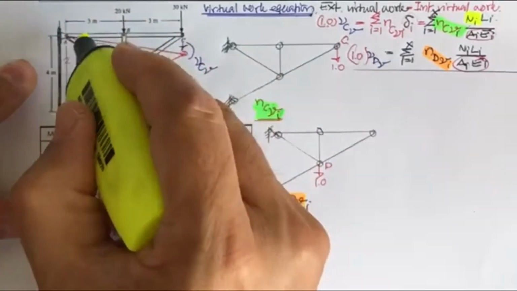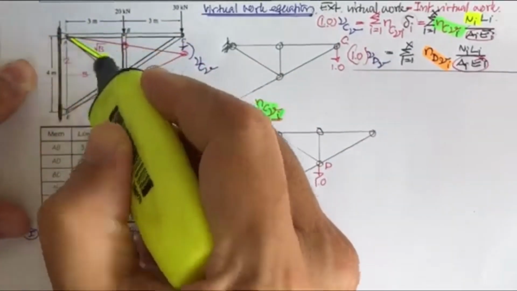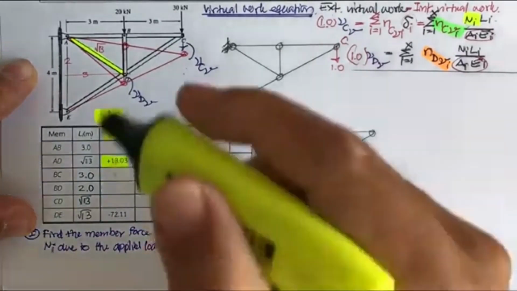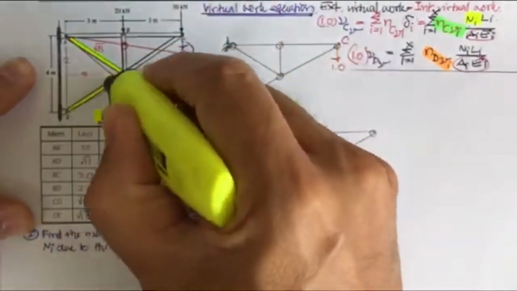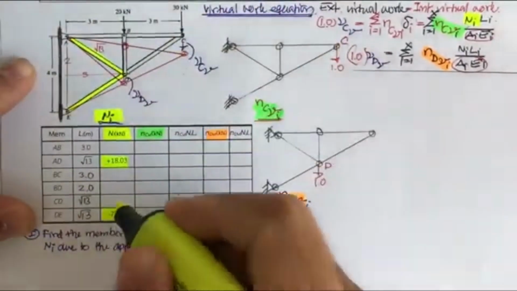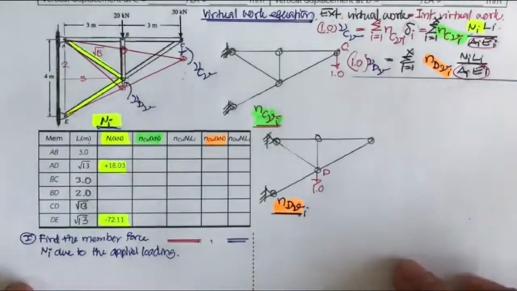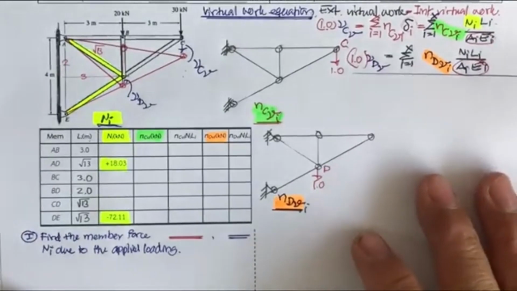This is the member AD, and this is going to be plus 18.03. And also DE is here. So we're going to have 4 more members left to determine for the applied force.